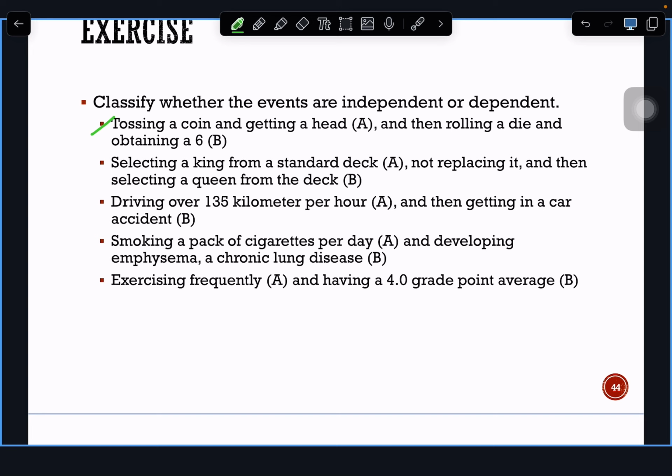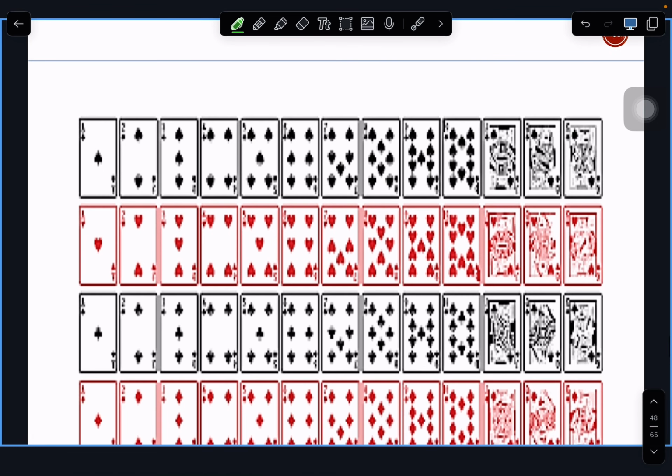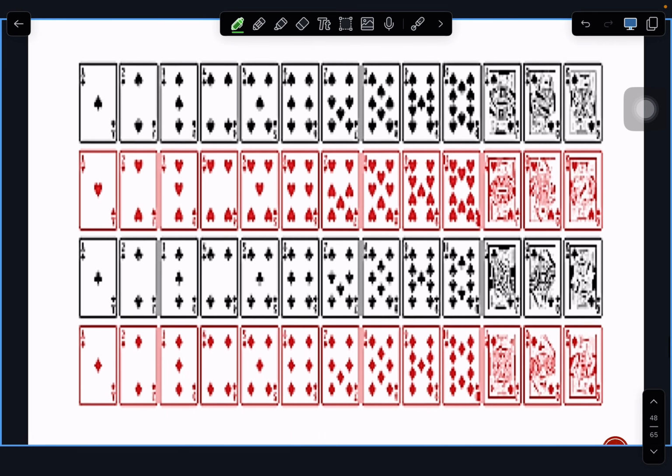Second one, selecting a king from a standard deck. Do you know how many cards you have? 60? I don't know. That is the problem when I study this. I have to buy a deck of cards so that I know how many aces, how many. That's why we have the example put here, so at least we know this is a deck of cards.